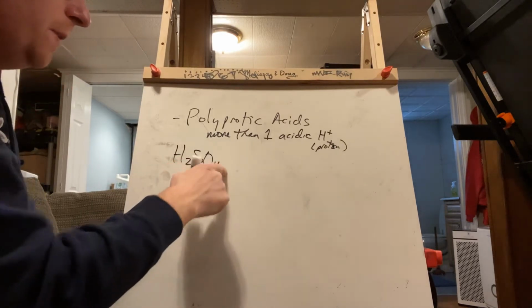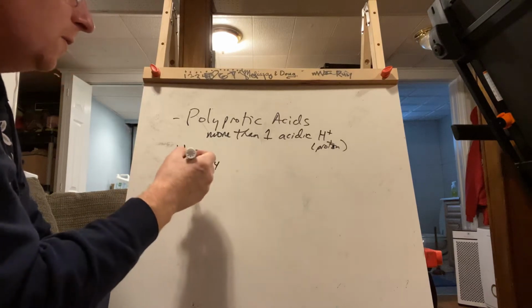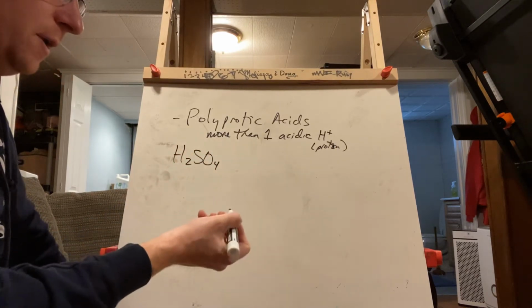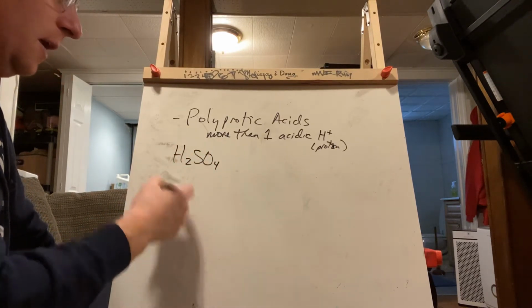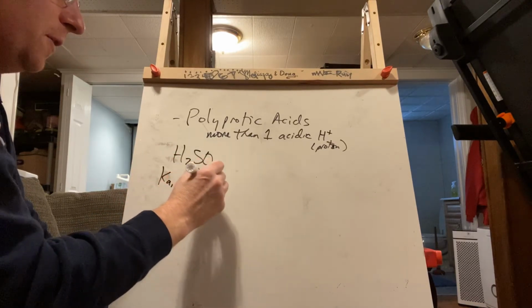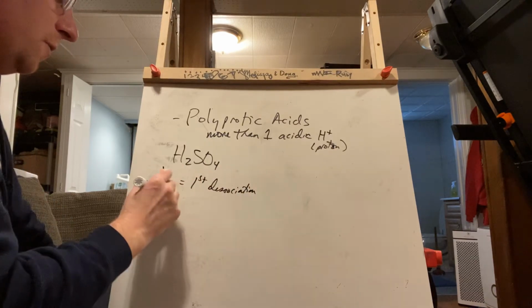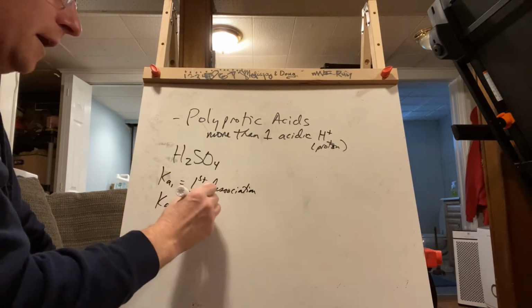So it actually is going to have two Kas. They call it Ka1 and Ka2. Ka1 is going to be the first dissociation, and Ka2 is the second.